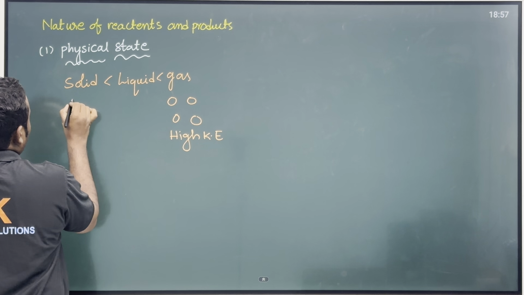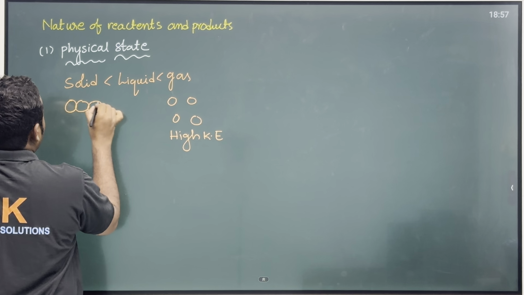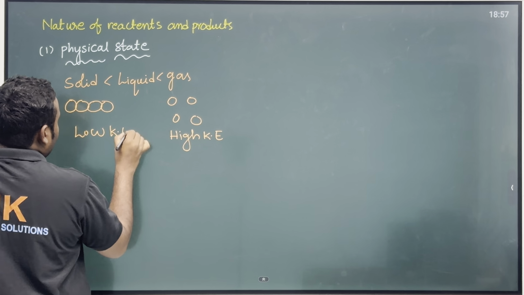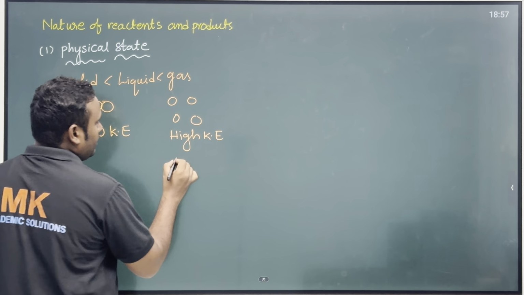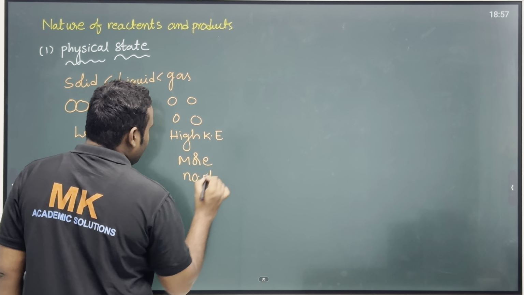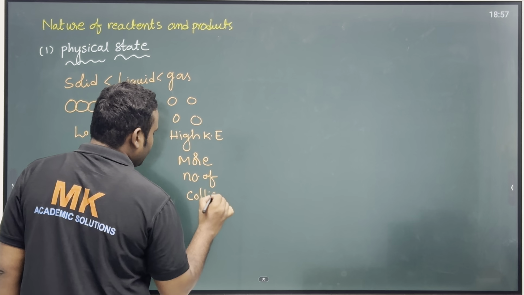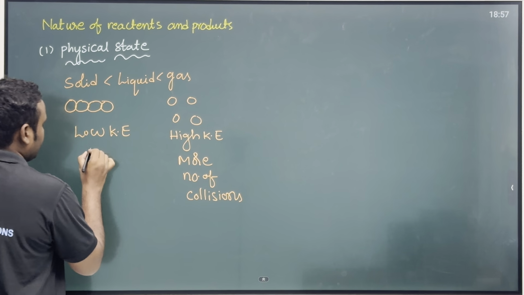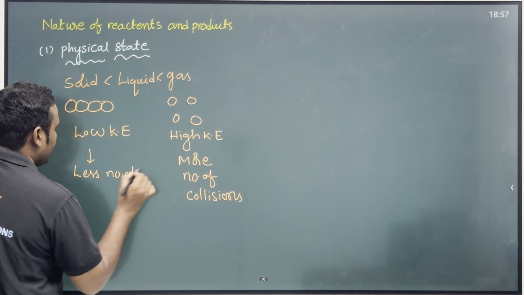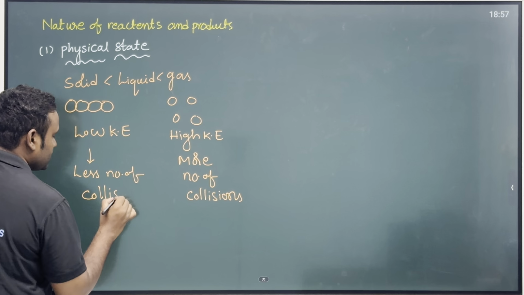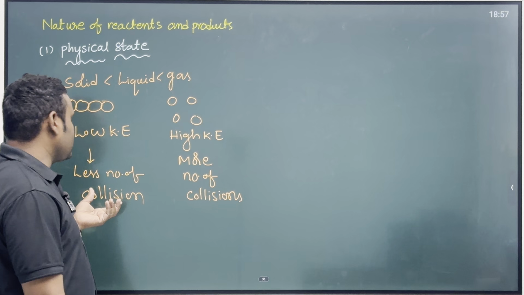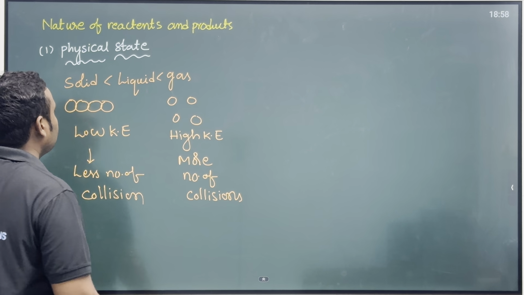Whereas in solids, the molecules are arranged very closely and have low kinetic energy and fewer collisions. So there is a high probability of reaction in gases and a low probability in solids. This is the physical state.